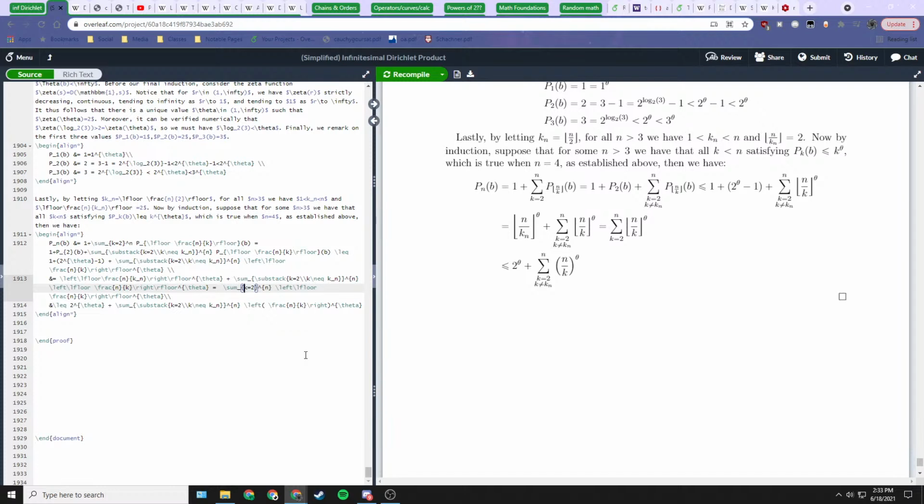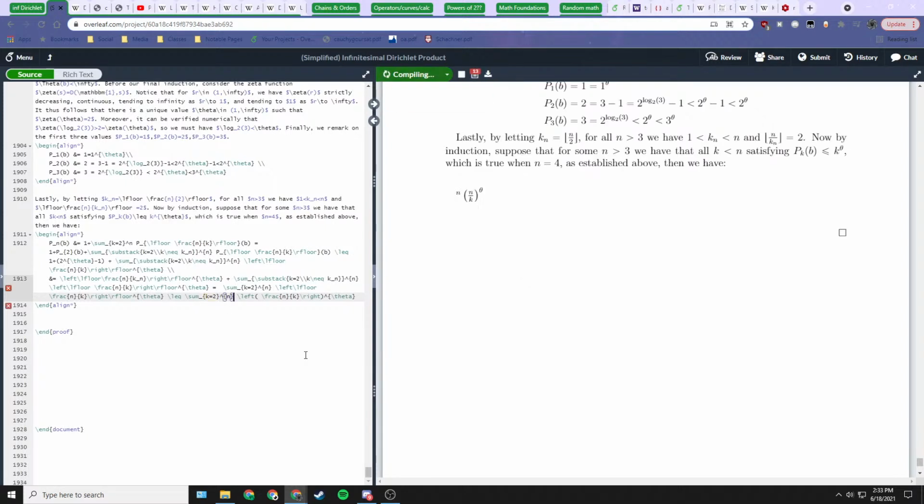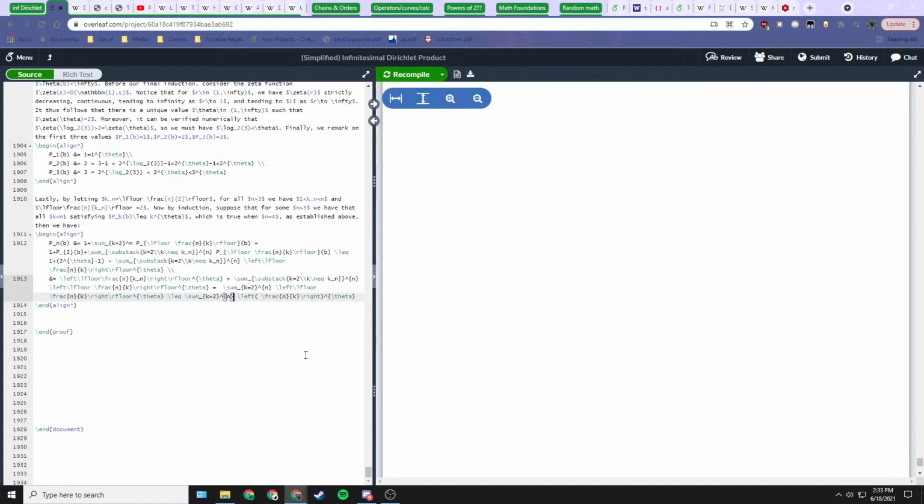Okay. So we end up with this. Now we have less than or equal to this whole summation, and we get k from 2 to n. Let me fix that.